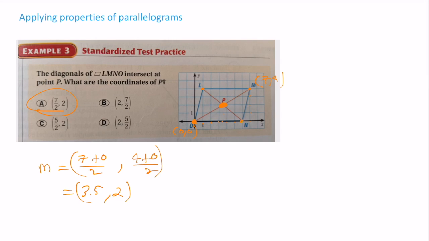If you wanted to pick N, it's at 6, 0, and L, 1, 4. You're still going to get exactly the same thing. The midpoint of that has to be the average of the x values, 1 plus 6 divided by 2, and the average of the y values, 4 plus 0 divided by 2. So that's 7 over 2 and 2, which is exactly what we got. So either way, you're going to get the same thing. It's just I chose to work with this because 0, 0 is very convenient to work with.